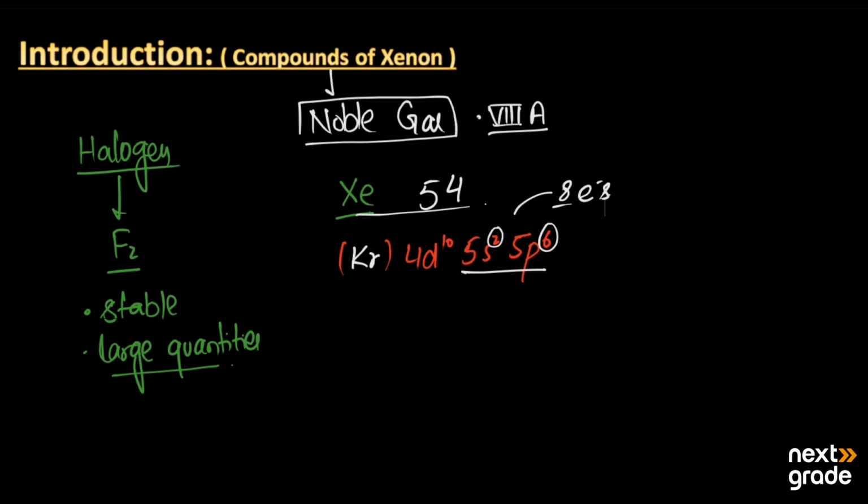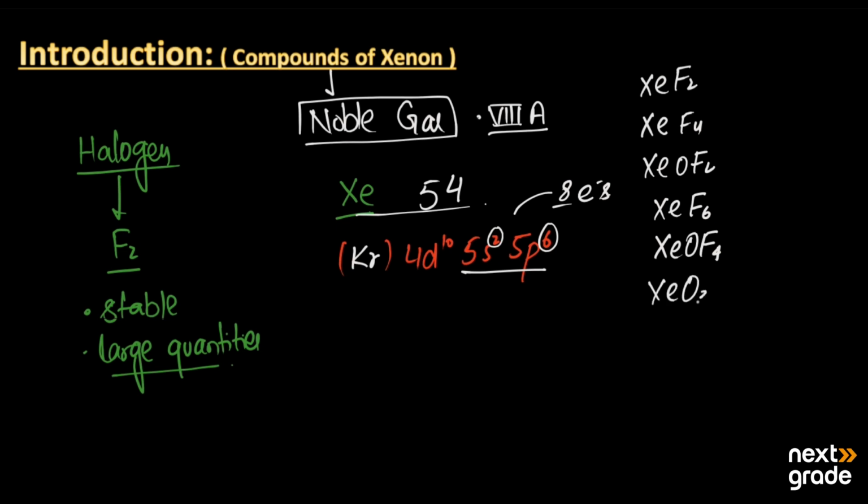The compounds that it can make with fluorine: the first one is XeF2, then we have XeF4, then XeOF2, then xenon hexafluoride, then xenon oxygen tetrafluoride, XeOF4, then xenon trioxide, XeO3, and then xenon tetroxide, XeO4.